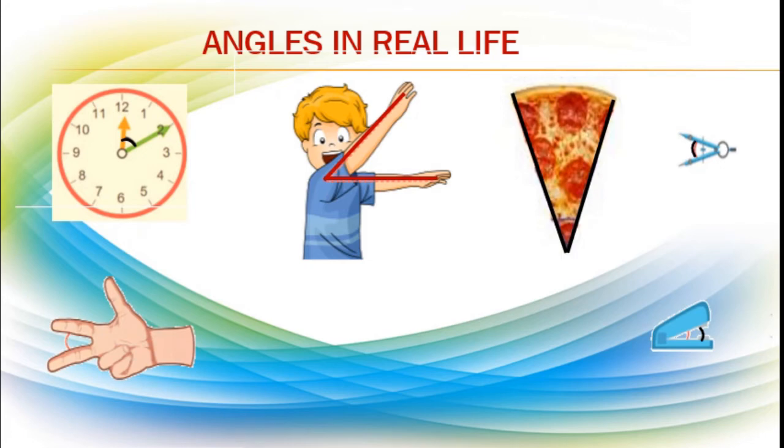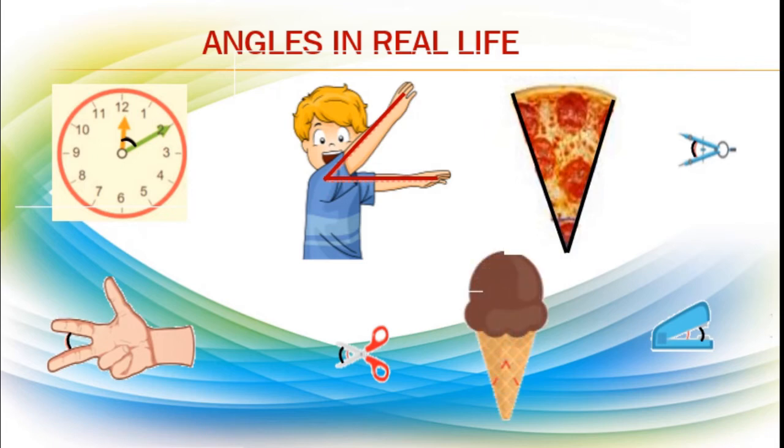See here, two fingers, and again an angle is formed. See the angle. Here also a scissor is there. The two arms of the scissor make an angle that is also smaller than 90 degrees. And see this ice cream cone.